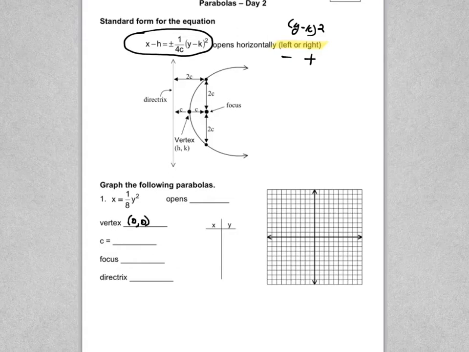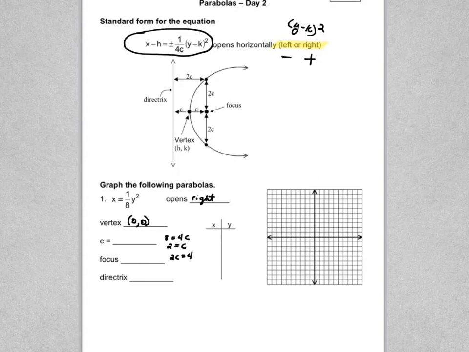This one has a positive 1/8, so remember that means when that number is positive, it opens right. So this is a right-facing parabola. So what is c? Well, remember it's 1 over 4c, and so that means that 8 equals 4c. So c is equal to 2, and then 2c, or 2 times c, will be 4.